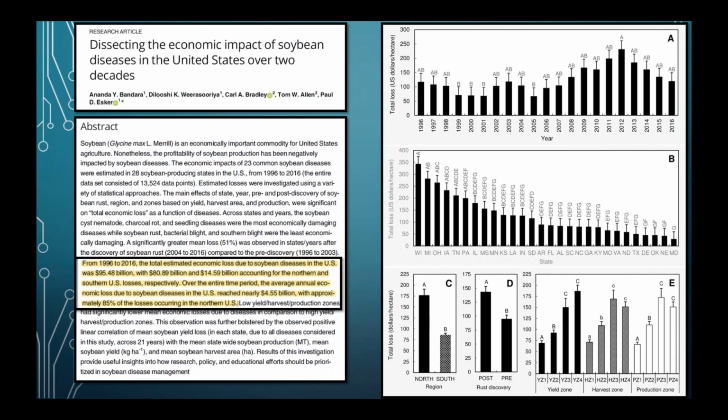At least this recent paper put out this year looked at 2 decades from 1996 to 2016, and they saw that annually there were losses due to soybean diseases that reached nearly over $4.5 billion. They also saw that most of this loss was up in the northern states, and that makes sense. Soybeans are grown more there, so there's more beans. When you have more of something, you can lose more of it too.